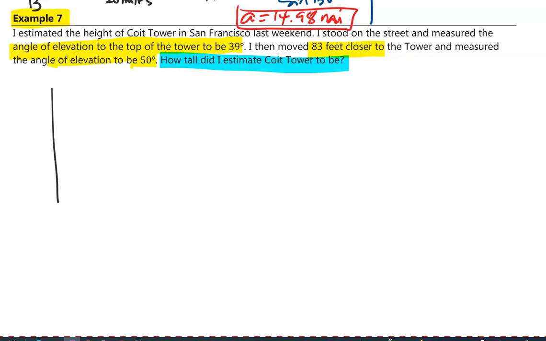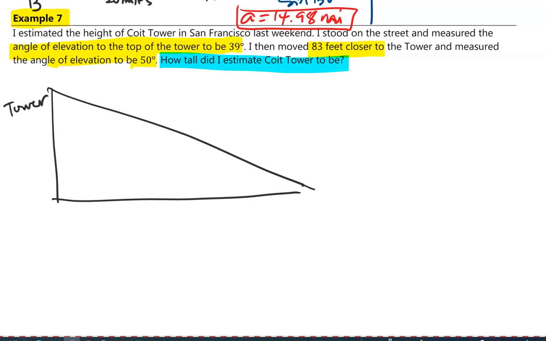So let's say this is the tower. And I stood on the street and measured the angle of elevation to the top of the tower to be 39 degrees. So let's say this is 39 degrees.